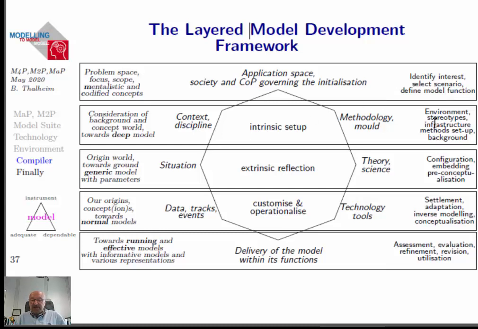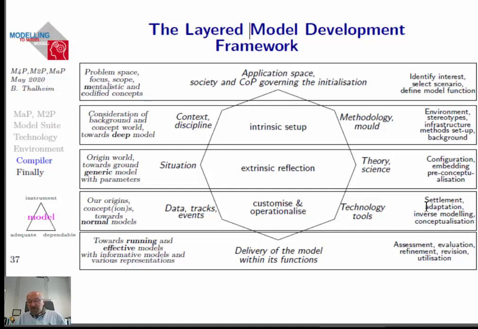In the intrinsic setup, you use a consideration of the background and of the concept world. You use the environment of stereotypes. You use some kind of origins world so that you can maybe base your consideration on even generic models. That is, of course, our task of modeling. And you can use also some kind of configurations, embeddings. And finally, you start with using the origins to develop the normal models.